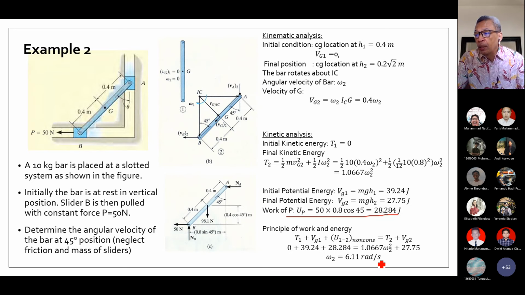Dan begitu Anda sudah merumuskan kerja oleh gaya pegas dan gaya gravitasi sebagai perubahan energi potensial, di dalam kerja yang Anda hitung itu tidak boleh lagi memasukkan kerja oleh gaya gravitasi dan gaya pegas, karena itu sudah ada di dalam perumusan energi potensial sistem. Jangan sampai double accounting, di energi potensial dihitung, di kerja dihitung lagi.